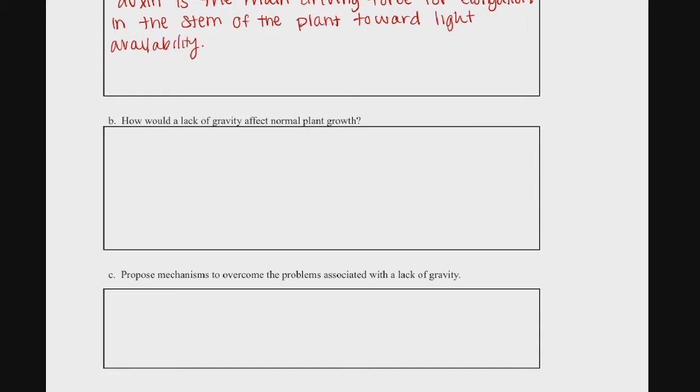Lack of gravity would affect plant growth in that when the plant is first planted, for lack of a better term, so when the seed is underground, there's no light available, it's buried below the soil, there's no light for it to respond to or to give it any signals, so it's completely reliant on gravitropic responses in the shoot and the root to orient the plant above ground and underground. So it relies on gravity to tell where the roots and shoots will go.